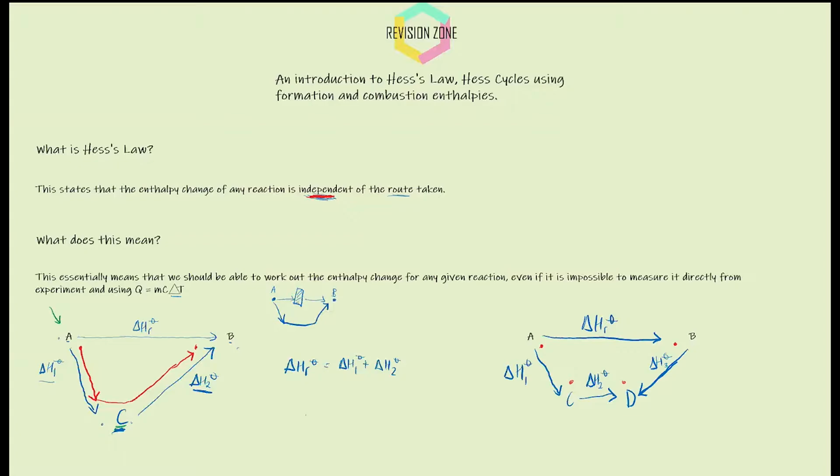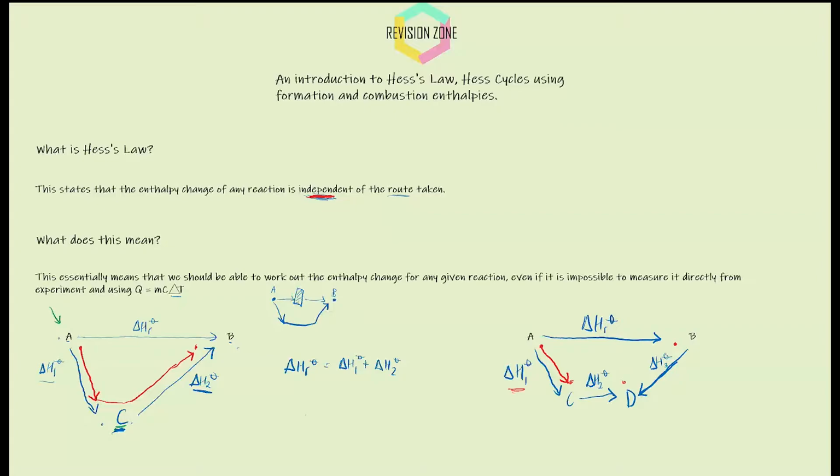Now what that means is that I know this enthalpy change, and this is going in the same direction as that arrow currently for delta H1. We're not going in the opposite direction. Think vectors. If you're a mathematician, think vectors. We're going with the same direction of this energetic value of delta H1.